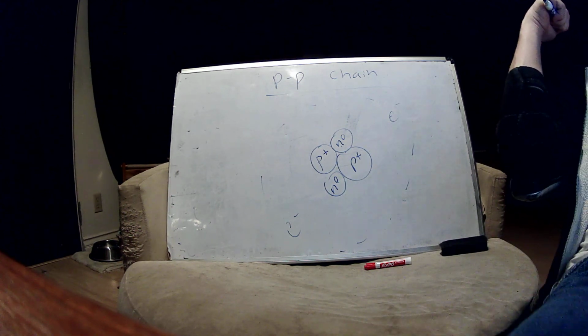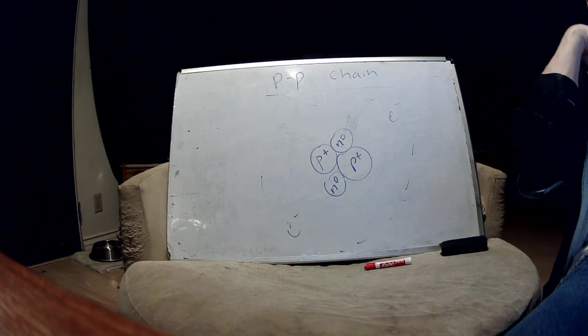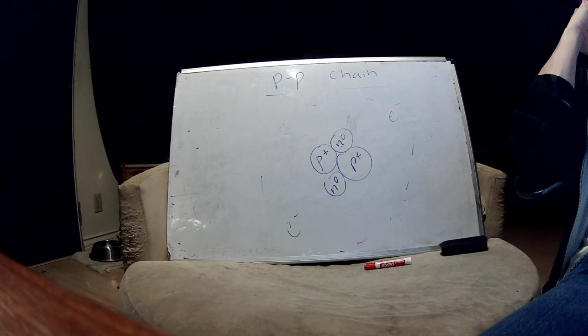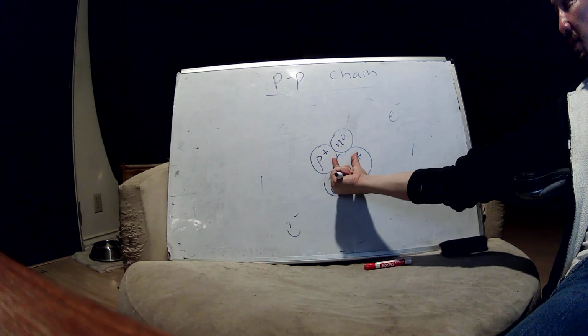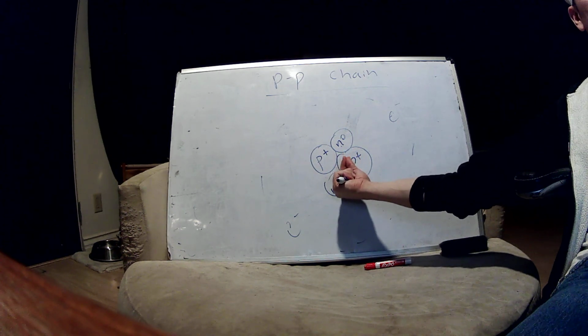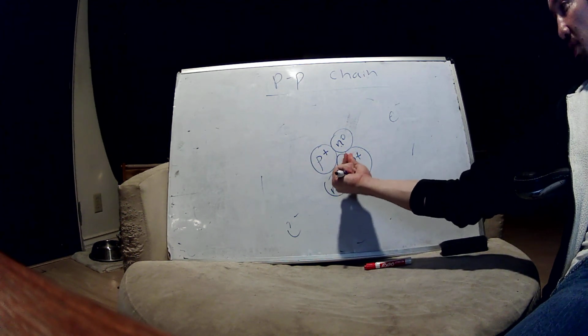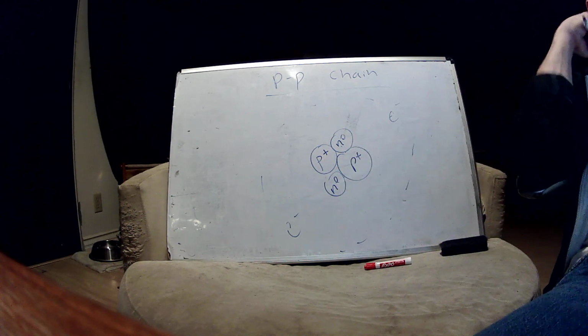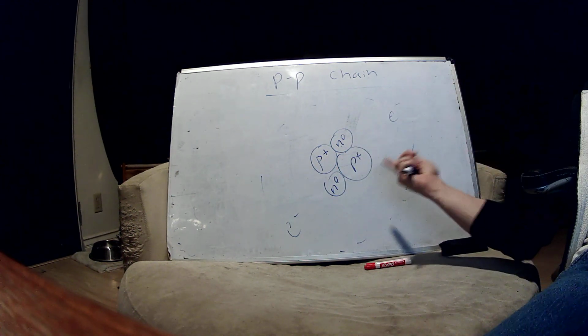Well, there's this thing called the Yukawa potential, named after the Japanese scientist who discovered it, that shows that when these particles get close enough to each other, there's a force that holds them together. We call that the strong nuclear force.